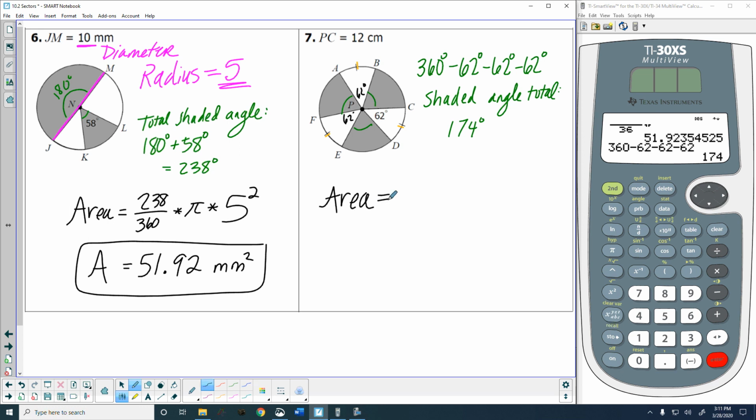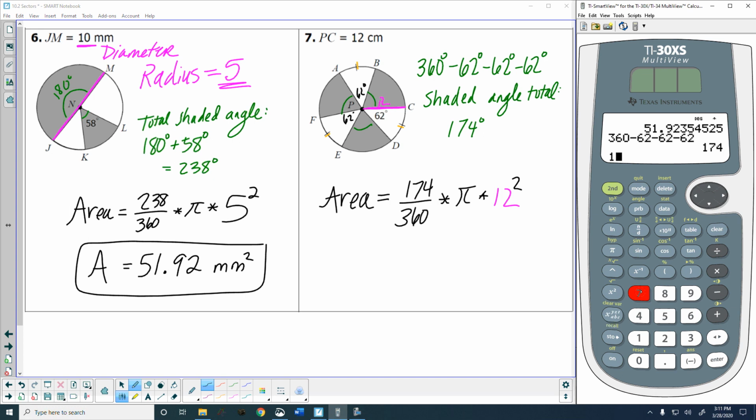All right, so now we can calculate our area. The total shaded area is 174 divided by 360. Multiply that by pi times our radius squared. Let's see, PC, that is our radius. PC is 12. Good handwriting. So that's a 12 for our radius, and we need to square that.